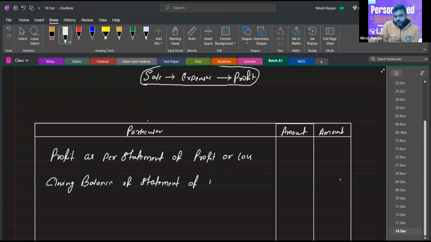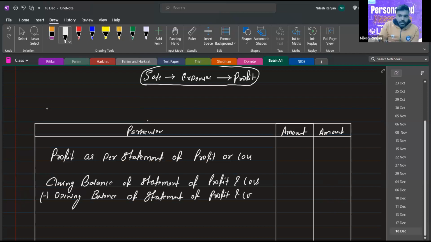So this is your current year balance, means you have earned this profit in current year. Now you will add some item here or deduct some item. So add or less.